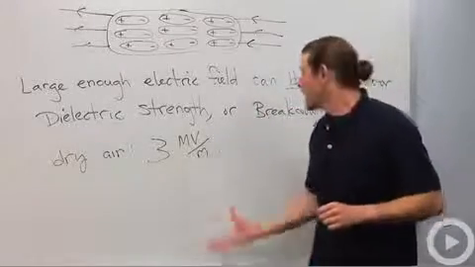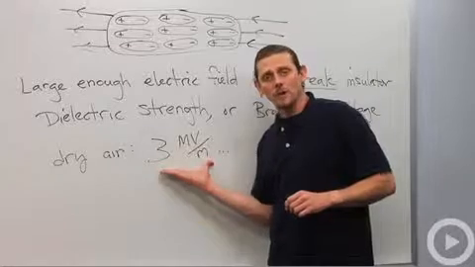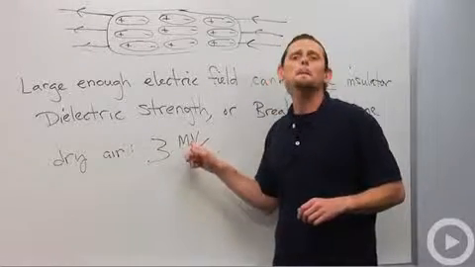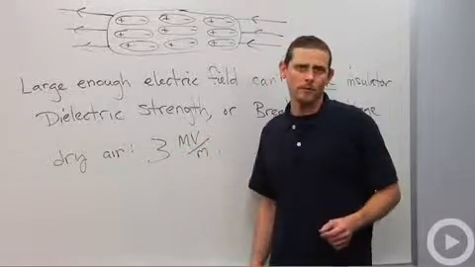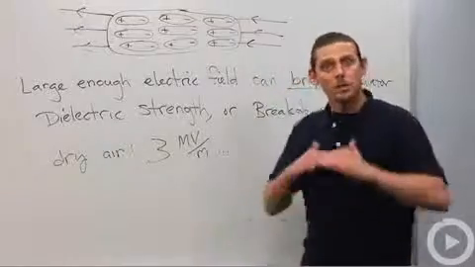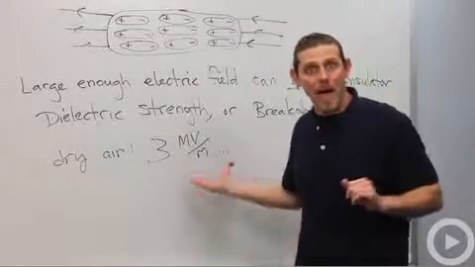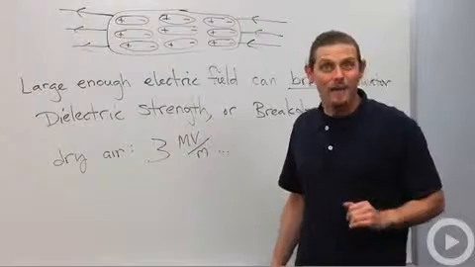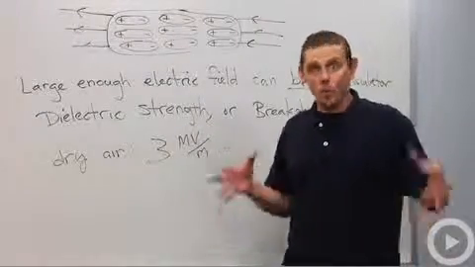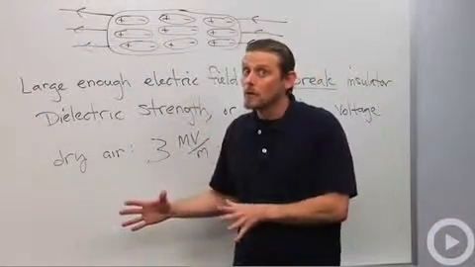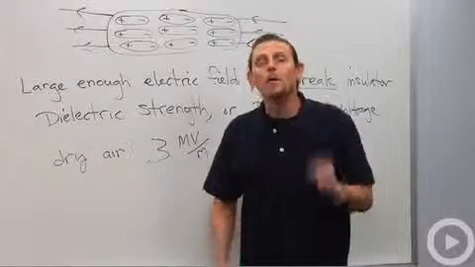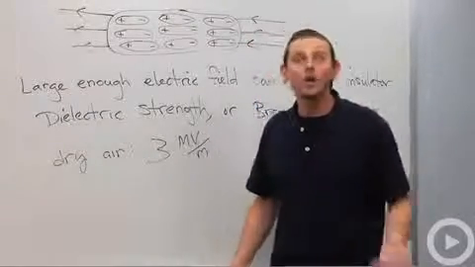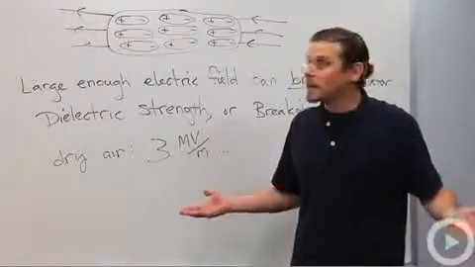In dry air, this dielectric strength is about 3 million volts per meter. So once you get to an electric field that big, that's when you get lightning. The air, which was an insulator, now suddenly becomes a conductor. And that's insulators.